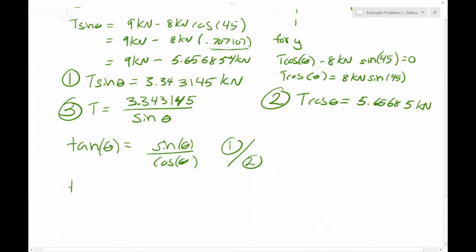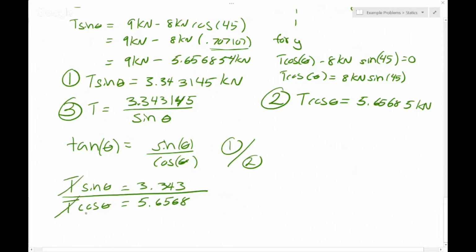And so when we do that, we have the tension of that rope times sine of theta is equal to 3.343, all divided by the tension of the rope times cosine of theta is equal to 5.6568. And so then, since we're dividing by these two, our T's can drop off because they just divide out.